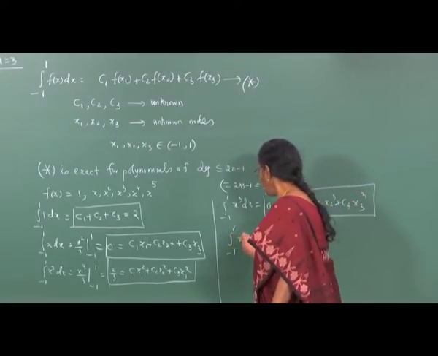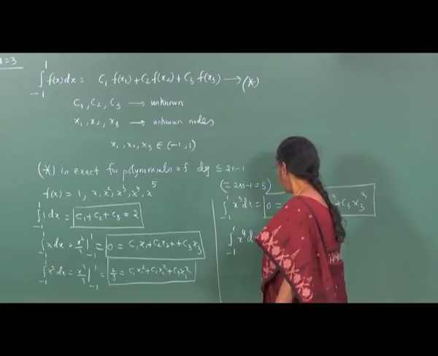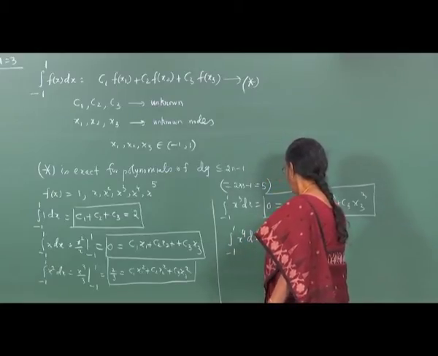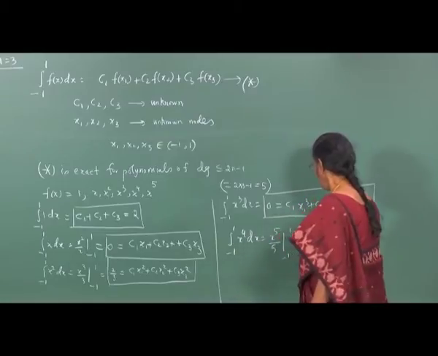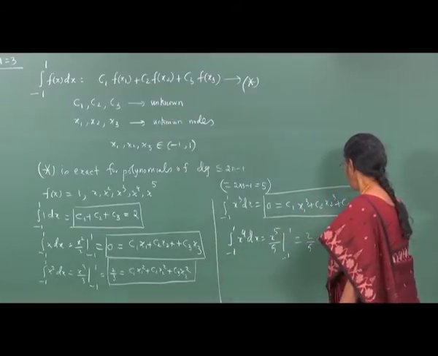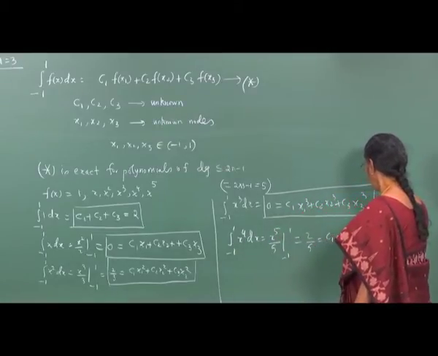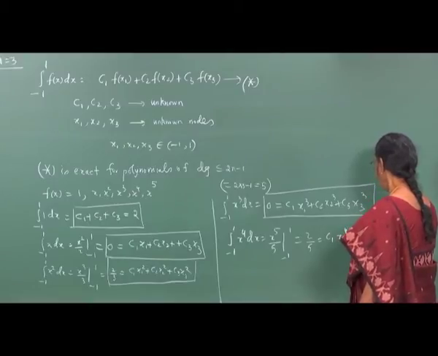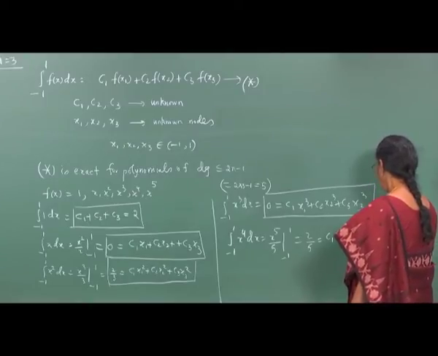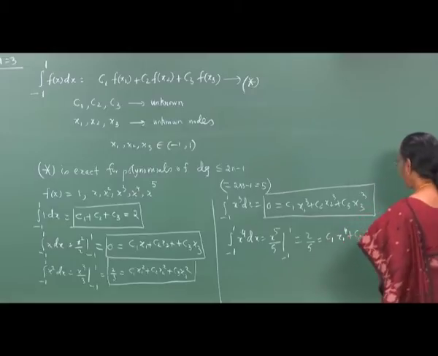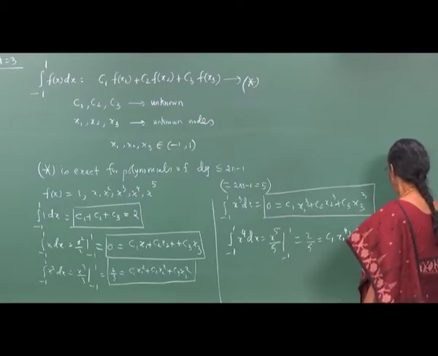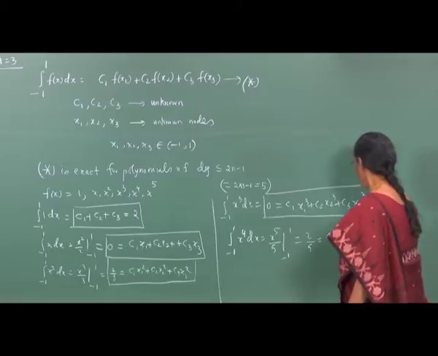Integral minus 1 to 1 x power 4 dx will give you x power 5 by 5 between minus 1 and 1, namely 2 by 5, which will be c1 x1 power 4 plus c2 x2 power 4 plus c3 into x3 to the power of 4.